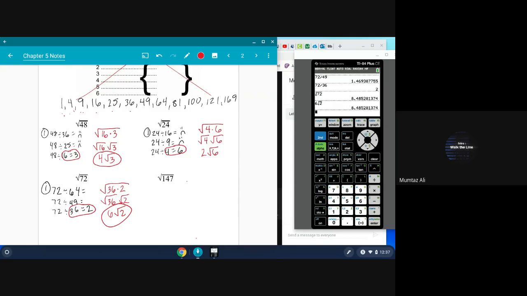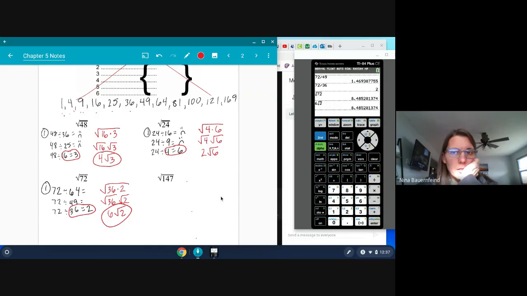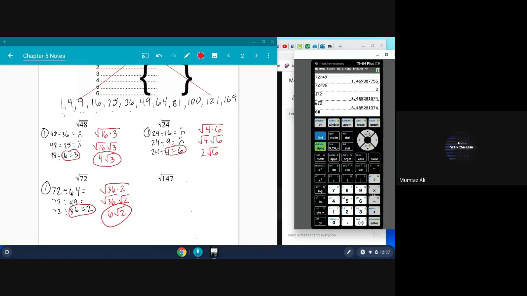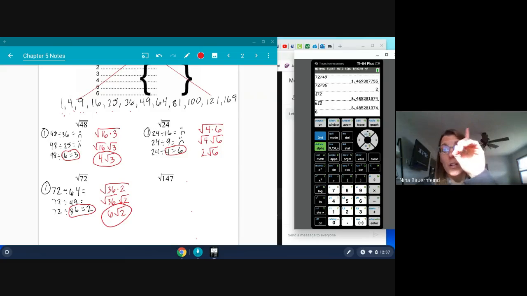What do you do if the number is bigger than 2? Like you said 36 times 2, but when you square root 36, is it the same thing as 36 times 36? Oh, good question. It's actually the exact opposite.